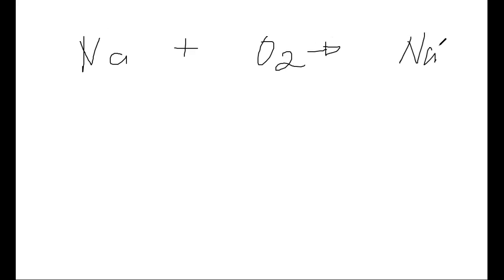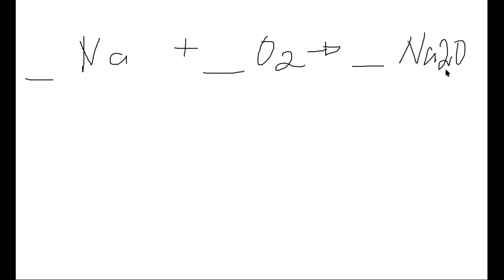For the second example, we have sodium plus oxygen gas and then the compound, this one. Yes, what a nice way to balance chemical equations. Okay, so we are going to look at this example.